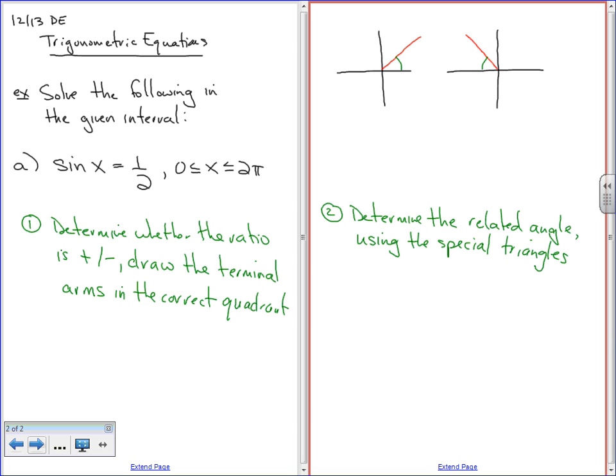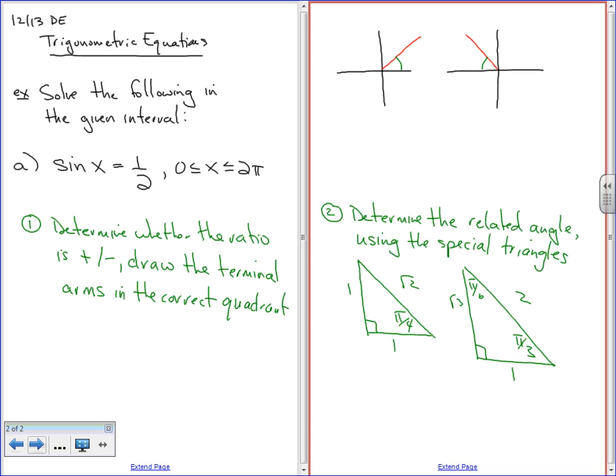So I draw the special triangles. The first one: 1, 1, root 2, and pi over 4. And the second one: 1, 2, root 3, pi over 6, and pi over 3.